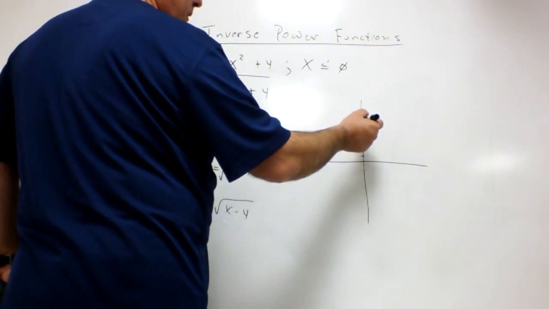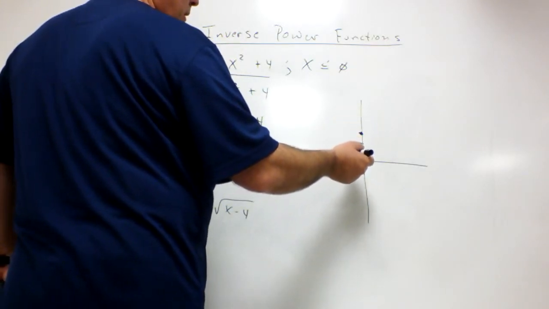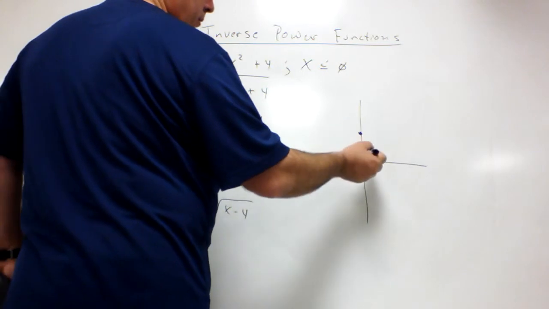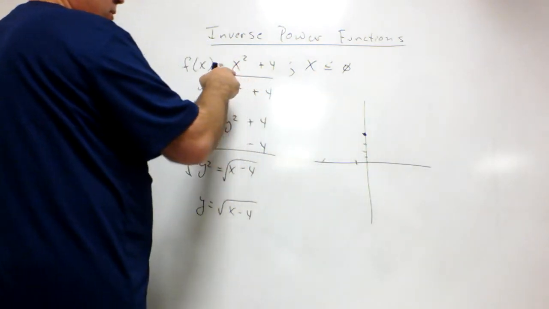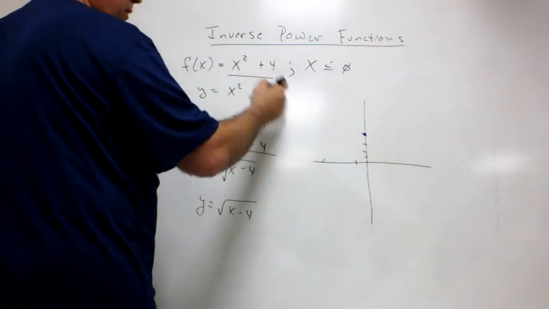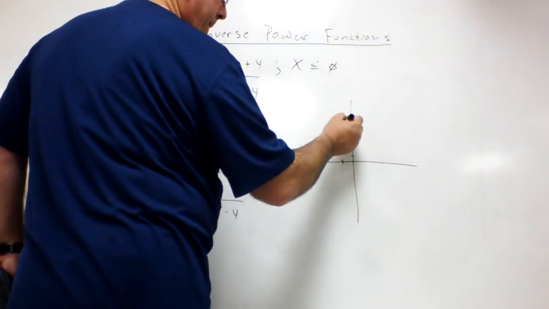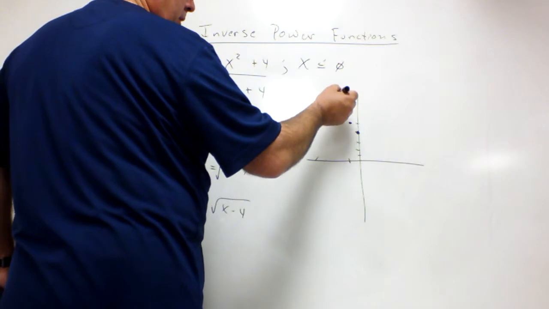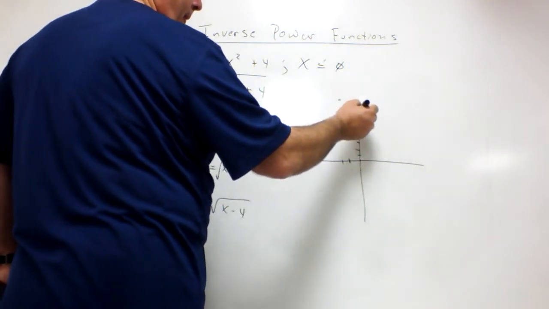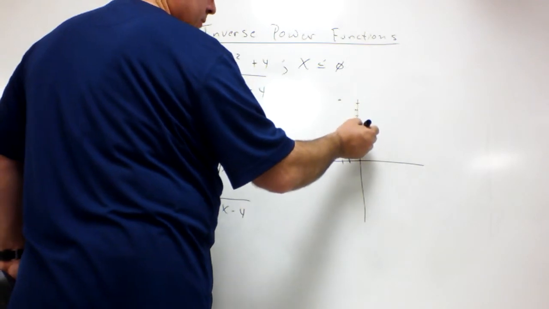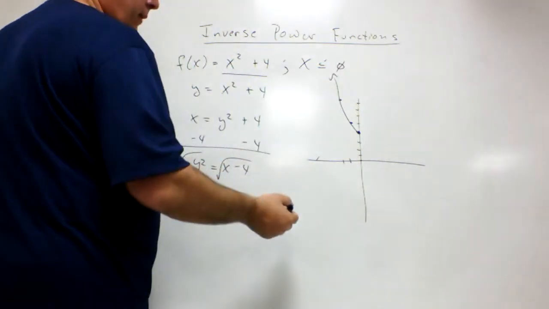If x is, let's see, 1. Actually, we want less than, right? So we want negative 1. Negative 1 squared is 1 plus 4 is 5. And then if we go to 2, we're going to go up 4. And so this would be the left side of the graph.